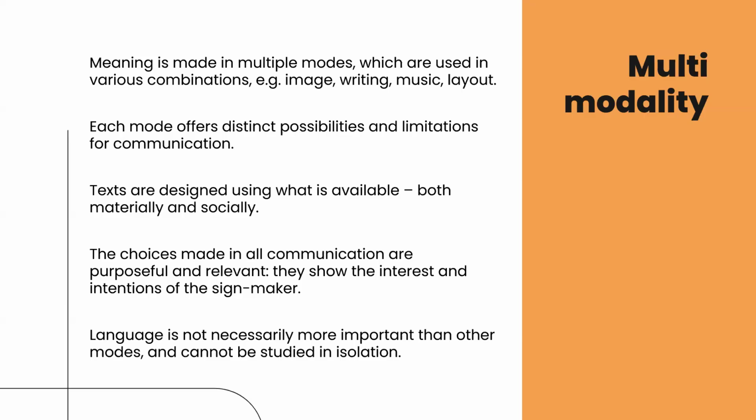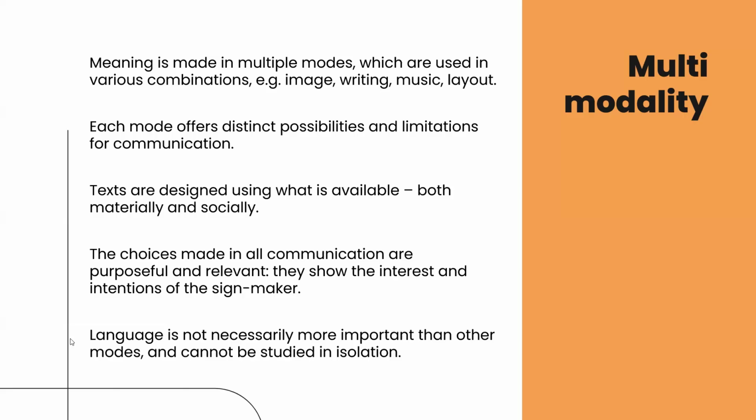The same thing happens if the communication is just visual or just gestural. We can make rude gestures or we can make different gestures, and we choose to generate meaning with one or the other. So in every single mode, we actively make choices into how to communicate. And they show the interest and the intentions of the one making the signs, of the one making the meaning.